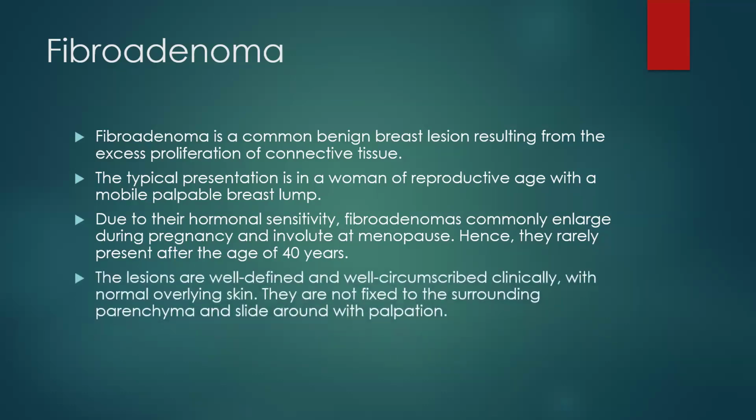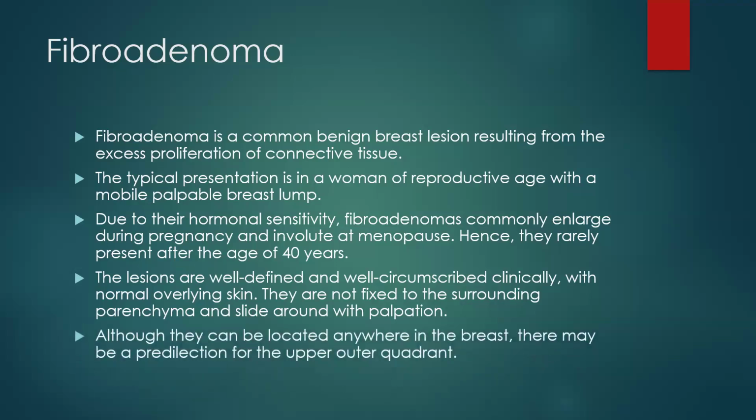The lesions are well defined and well circumscribed clinically with normal overlying skin, and they are not fixed to the surrounding parenchyma. They slide around with palpation, hence the name the breast mouse. Although they can be located anywhere in the breast, they have a predilection for the upper outer quadrant.